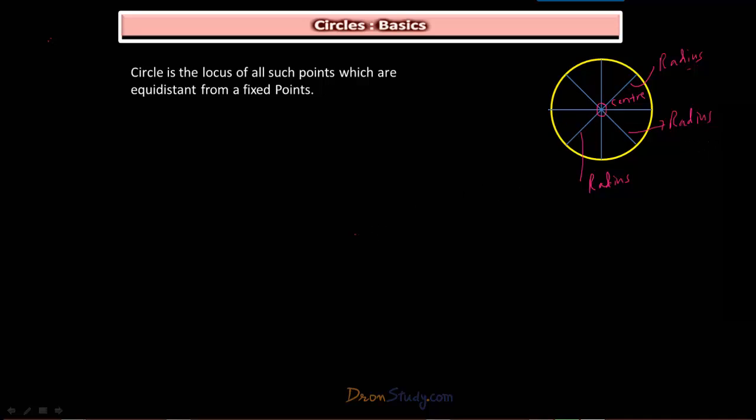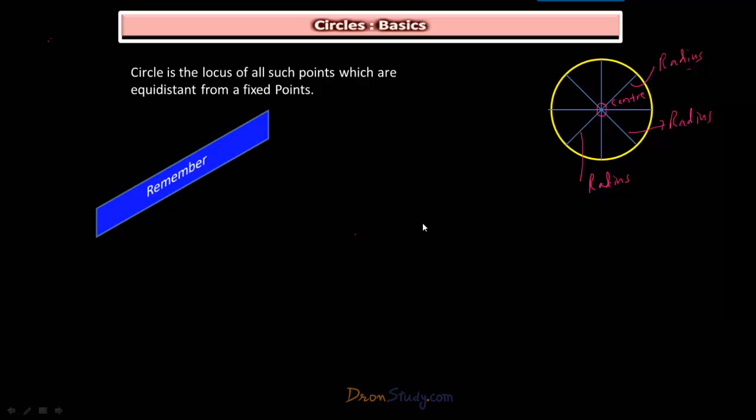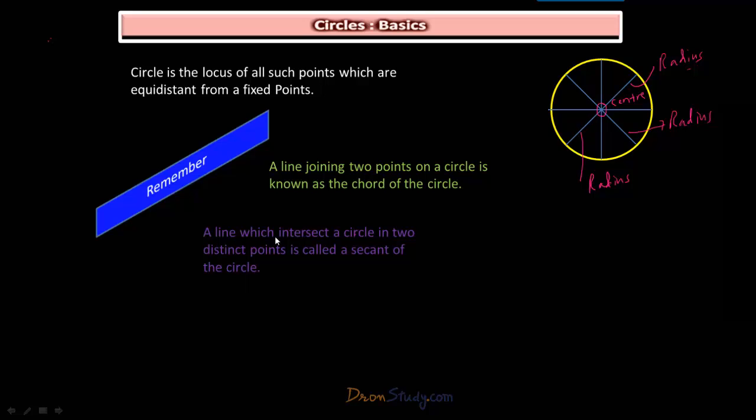Now remember some other things that are related to circle. A line joining 2 points on a circle is known as chord of the circle. Second point is that a line which intersects a circle in 2 distinct points is called secant of a circle.